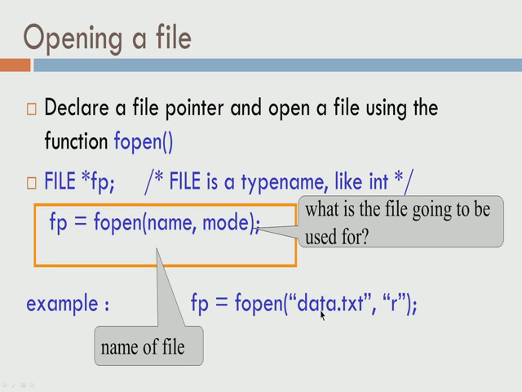We are trying to open the file data.txt in read only mode, which means you don't want to write anything from your program, you want to only read contents of the file. One can notice that both the file name and the mode are put within double quotes. So fopen expects two strings, one string which is the name of the file and another string which is the mode itself.